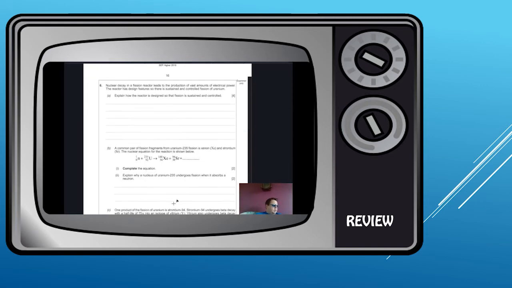Okay, question where we are, separates higher 2019. Right, question 6. Explain how the reactor is designed so that fission is sustained and controlled. So these are all the things we've just written so far. So moderator slows neutrons down, so they can be absorbed.